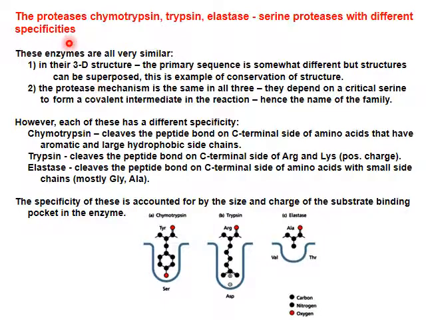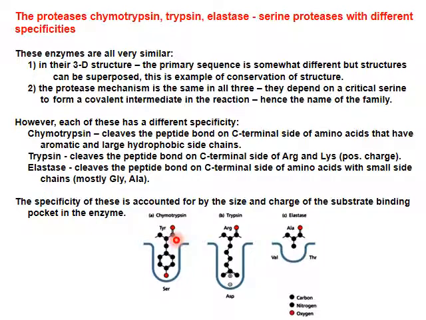In terms of the different families, they all have this catalytic triad, but each family member has a different specificity: chymotrypsin, trypsin, and elastase. And that's based on this substrate binding pocket. So the substrate binding pocket for these enzymes in this family are designed differently.